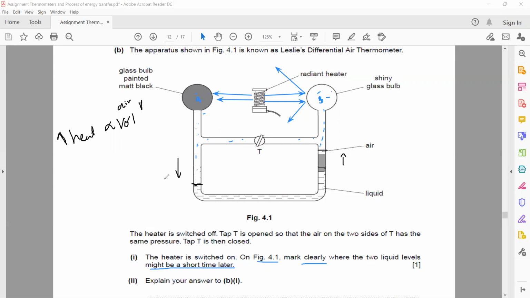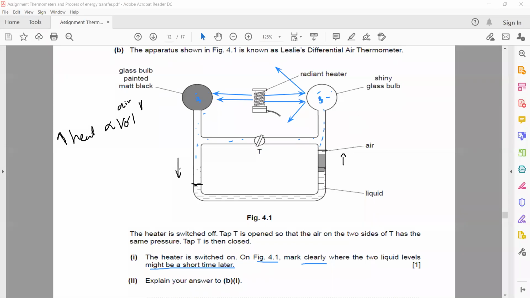So on the left hand side it will be lower and on the right hand side it will be higher. Basically, as the temperature increases, the gas molecules are colliding, hitting the surface much harder and pushing the level of the liquid downwards. Is it clear?